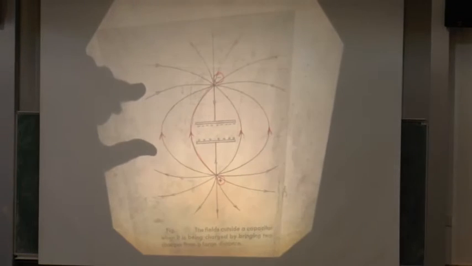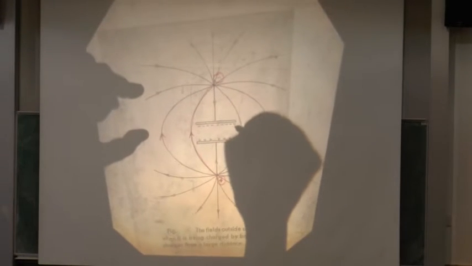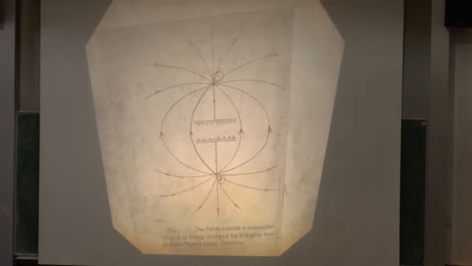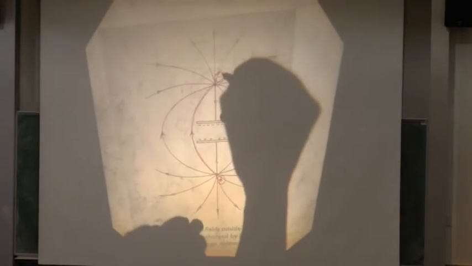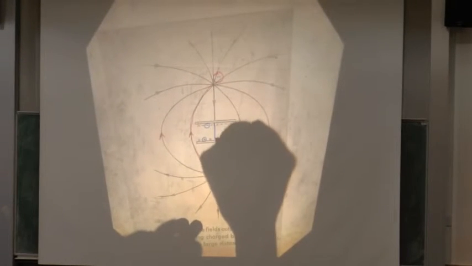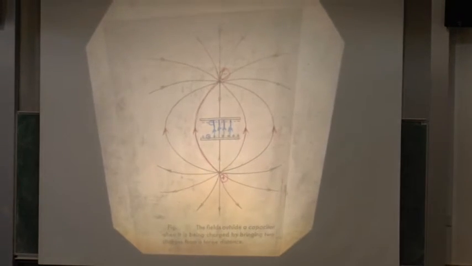But you've already done that kind of thing in EM1. You've got two static charges. We know how to calculate the field and draw the field lines. Well, when the charges are a long way apart from each other, the field lines look like that. But when they've been piled up on the capacitor plates, the field lines have all got bunched in the middle here. So you could think qualitatively what's happening.